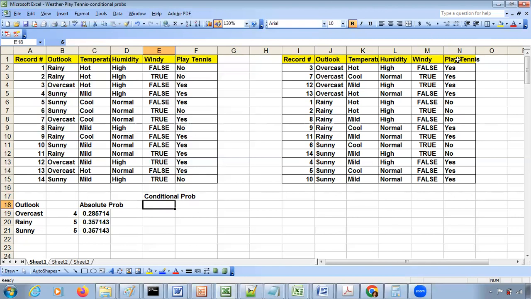Depending on the classes, so we have yes or no as the possible 2 classes. So among the 4 overcast records, all the 4 have yes as a class. So that's going to be 4 out of the 4 have yes as a class, and 0 out of the 4 have no as the class.